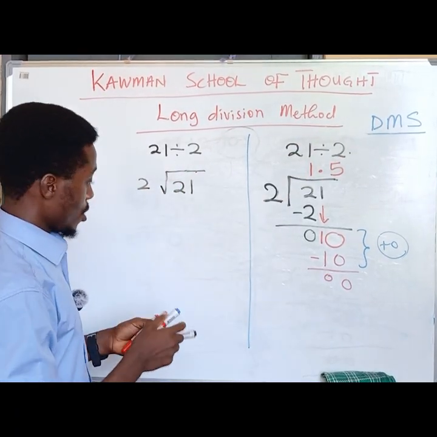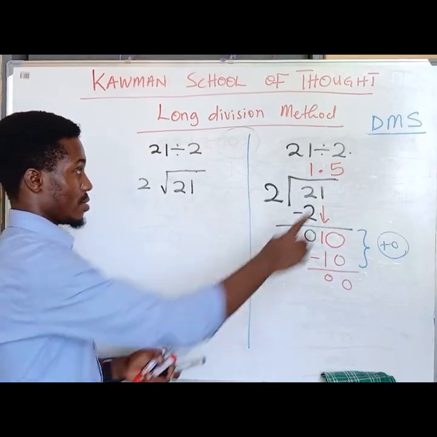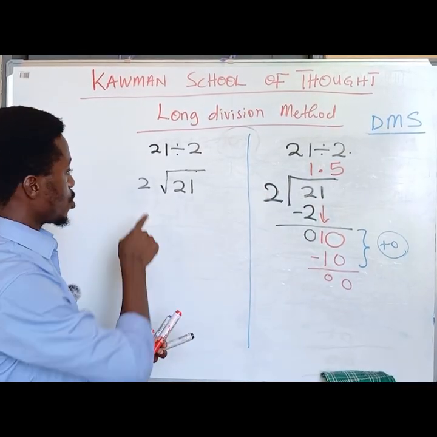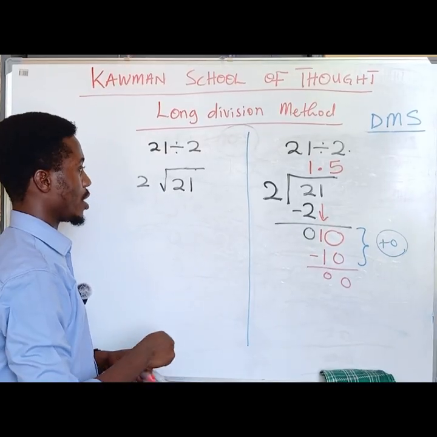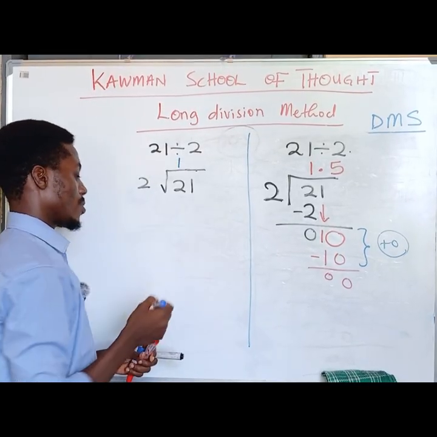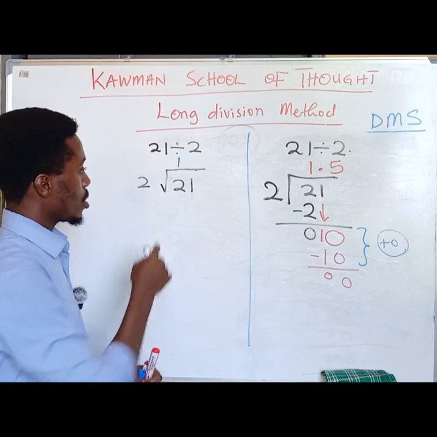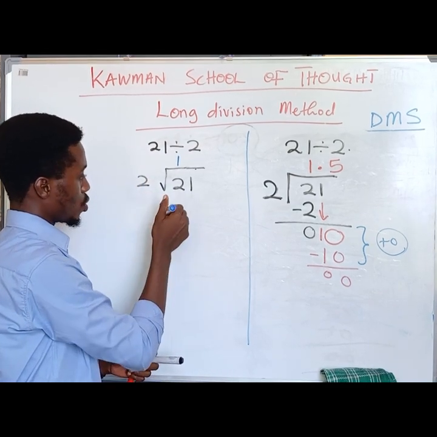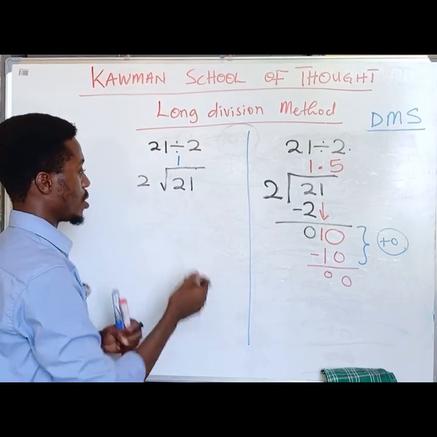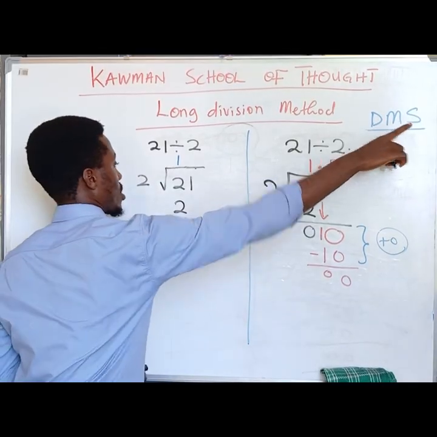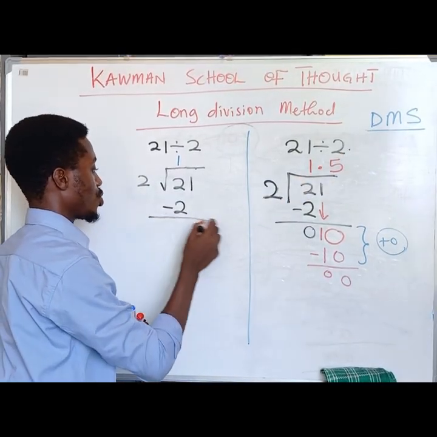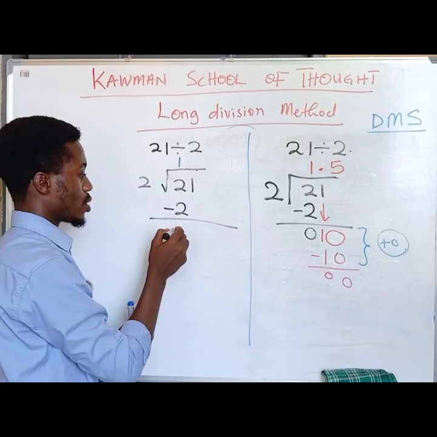We divide first, division, right? So 2 divides 2 how many times? 1. So write the 1 here on top. Then what do we do next? We multiply. 1 times the 2 gives us what? 2. And we write the 2 here. What do we do next? We subtract. 2 minus 2 gives us what? 0.